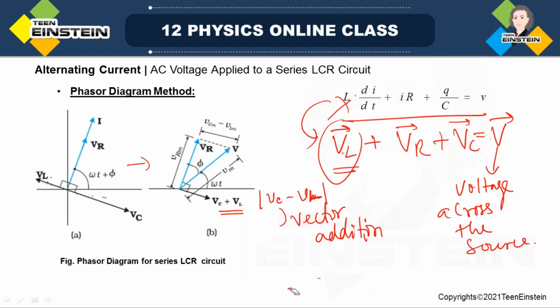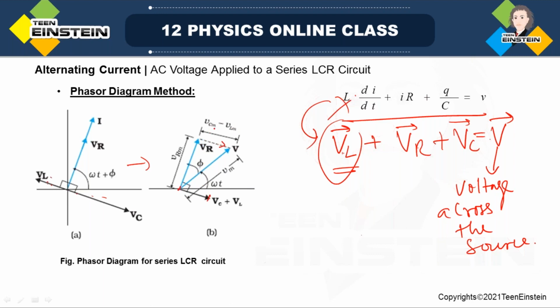So we are going to solve this problem by addition of vectors. Look here, I can draw a parallel vector over here. This is VCM minus VLM, the magnitude of the vector. The length of the vector gives you the magnitude.